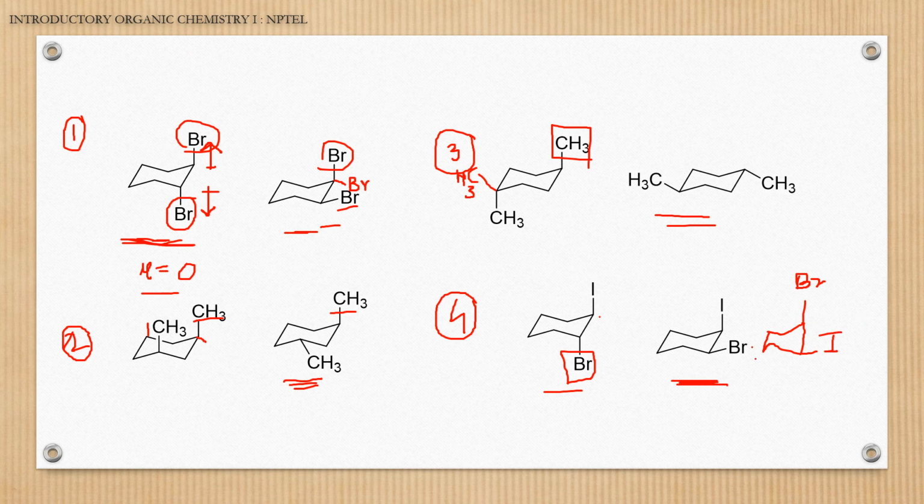If I say that you have to compare between these two, which will be more stable? Any guesses? Iodine at the equatorial. Any other answer? Anyone supporting Br at equatorial?